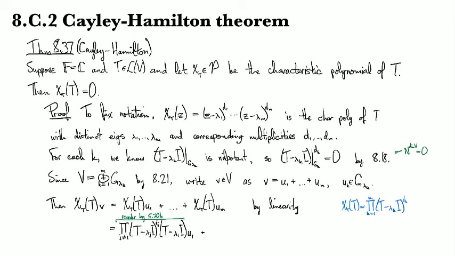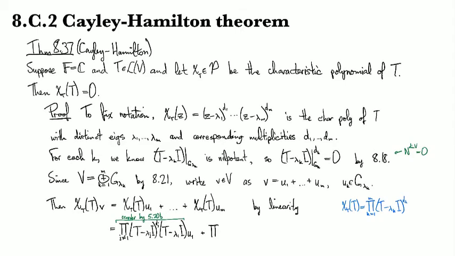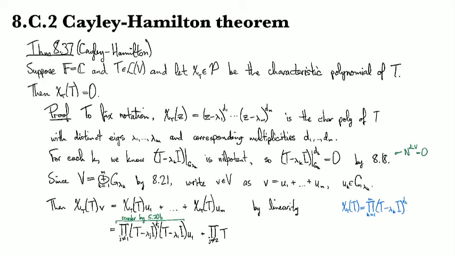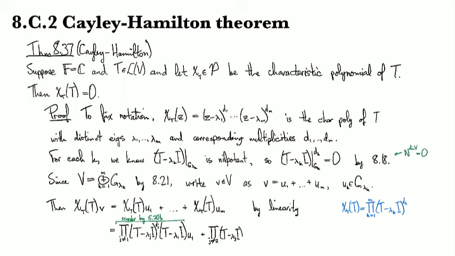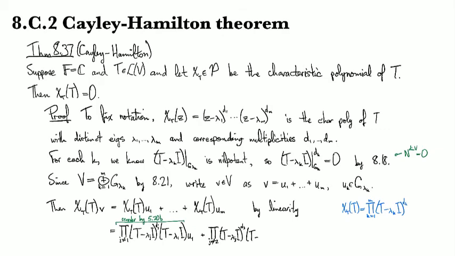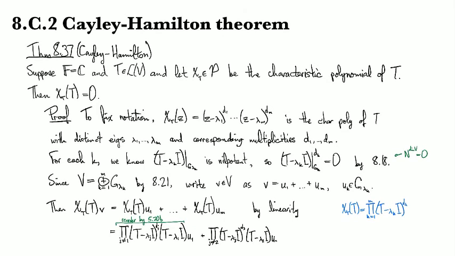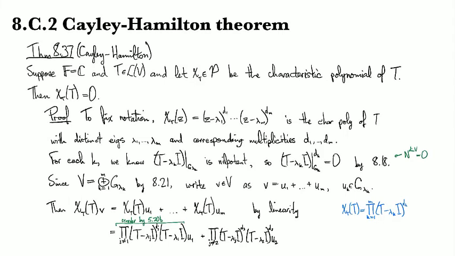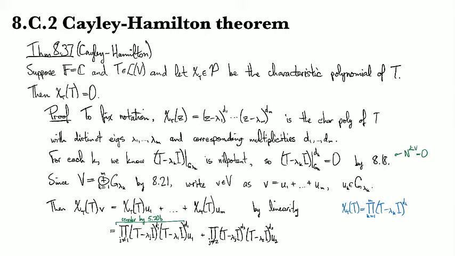And then for the next one, I'm going to do the same kind of thing. I'm just going to pull out the second term. So here's all the ones where j is not equal to 2. And then I put the one where j is equal to 2 at the end, so it's next to u2. Oh, and that's d2, I forgot also the power on that first one. There we go, power's now back.